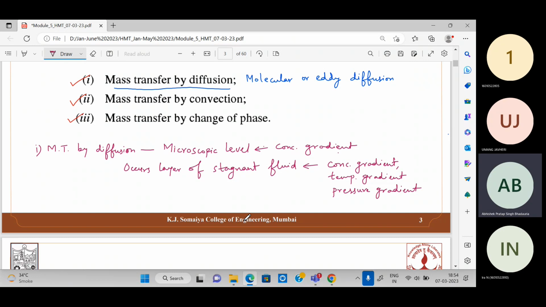Now let's talk about this. We have seen this as molecular or eddy diffusion. When one of the diffusing fluids is in turbulent motion, eddy diffusion will take place. Generally, two types of flow are there: laminar flow and turbulent flow.